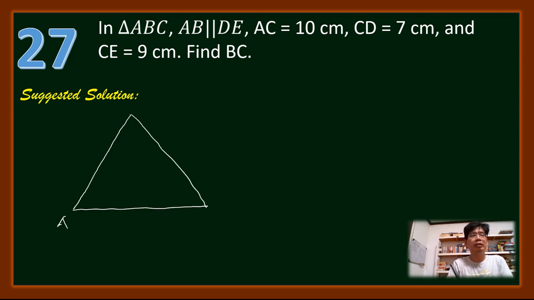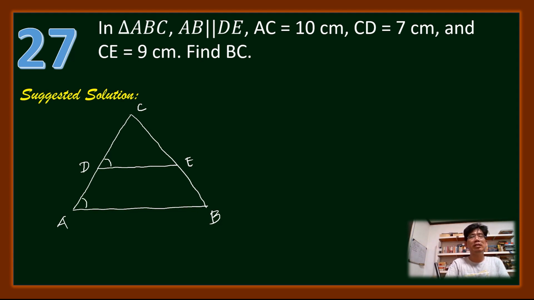So we have triangle ABC. Then we have segment DE that is parallel to segment AB. The endpoints of this must be on side AC and side BC of the triangle. Since DE is parallel to AB, then we have two similar triangles in here.